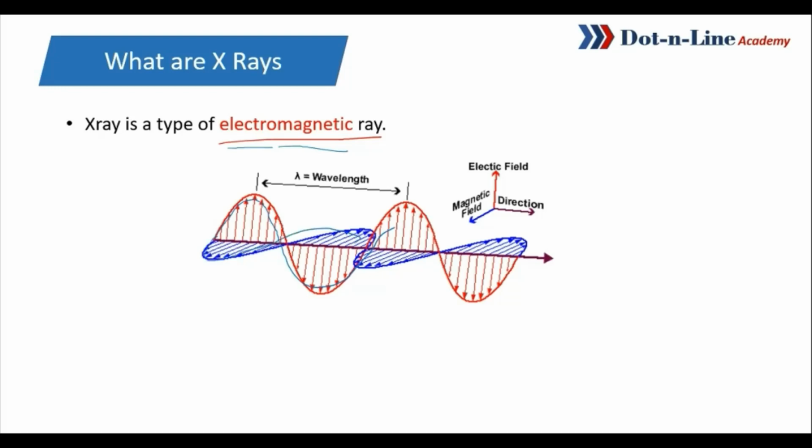These two movements coincide with each other and move in one direction, becoming an electromagnetic ray or wave. Wave and ray can be used interchangeably. So X-rays are electromagnetic rays.